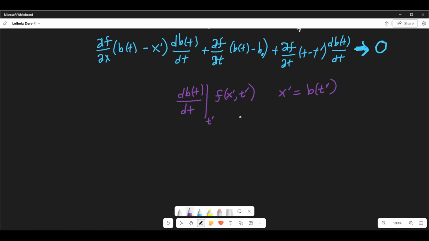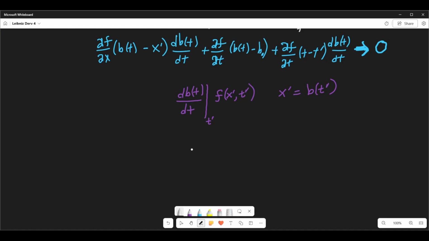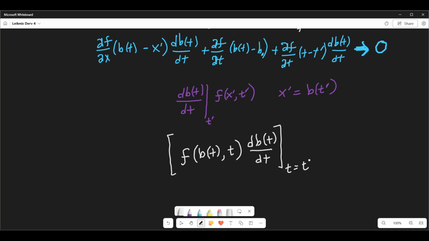So another way of writing this is f of b as a function of t, comma t, and then dB as a function of t with respect to dt, and this whole thing is evaluated at t equals t prime.